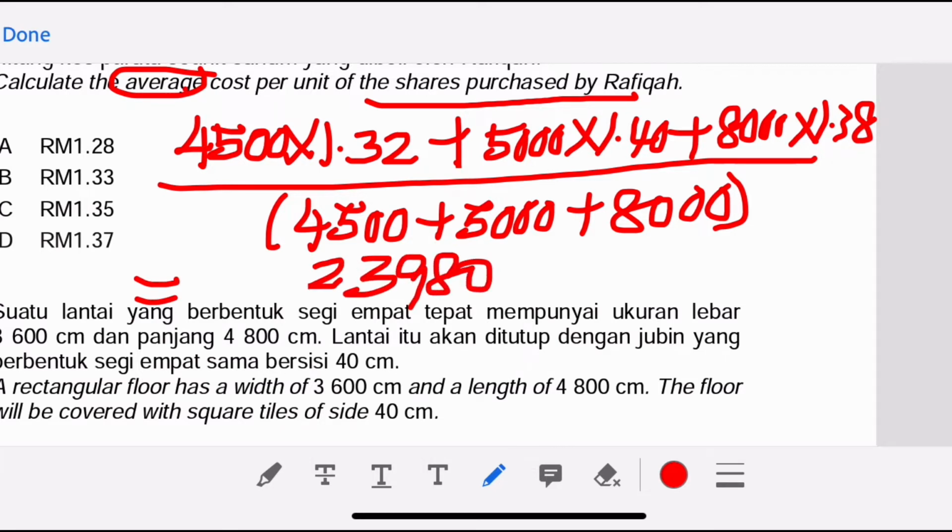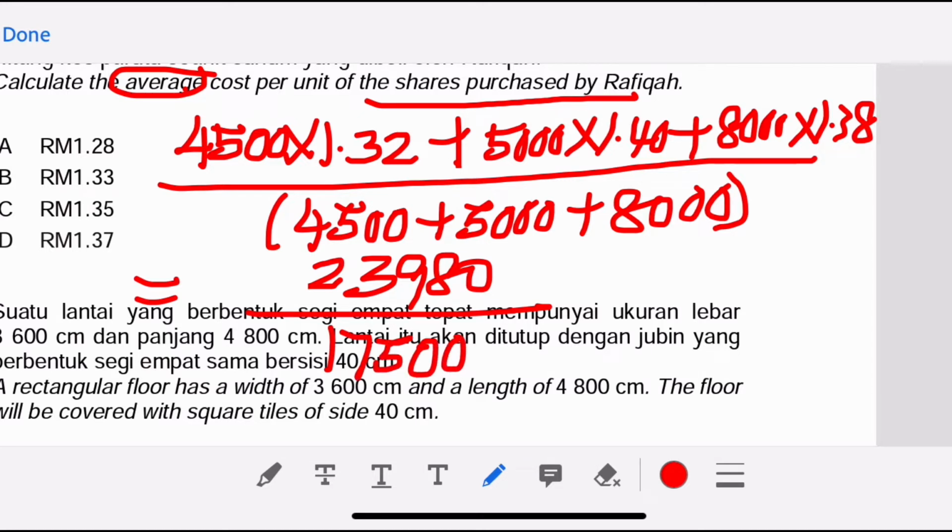23,980, and the total number of shares purchased will be 4,500 plus 5,000 plus 8,000. So the total is 13,000 plus 4,500, which is 17,500, right? 17,500.